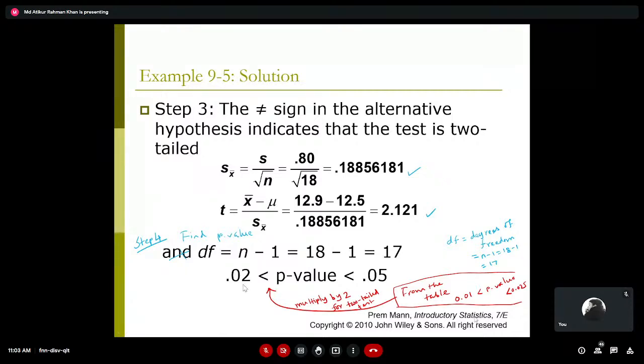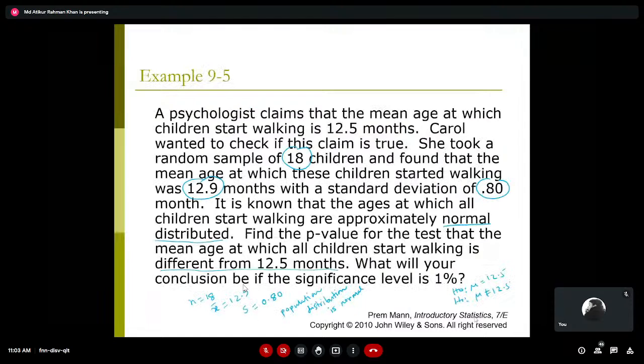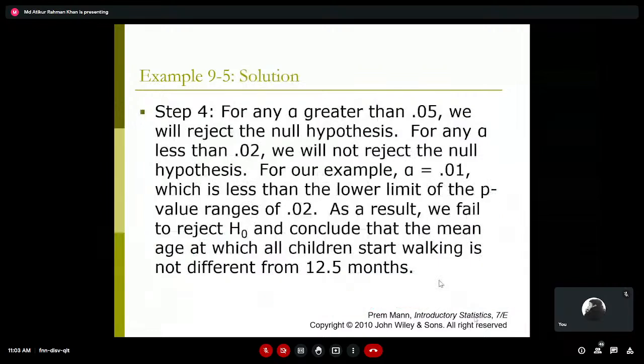Now, how to make the decision? 1% level of significance. So this means alpha equal to 0.01. In order to make the decision, we need to compare the upper value, right?